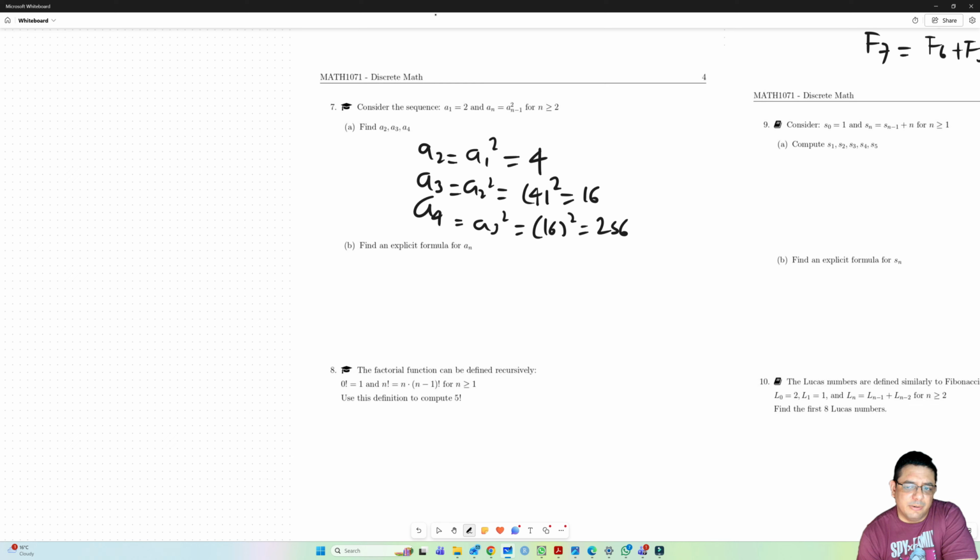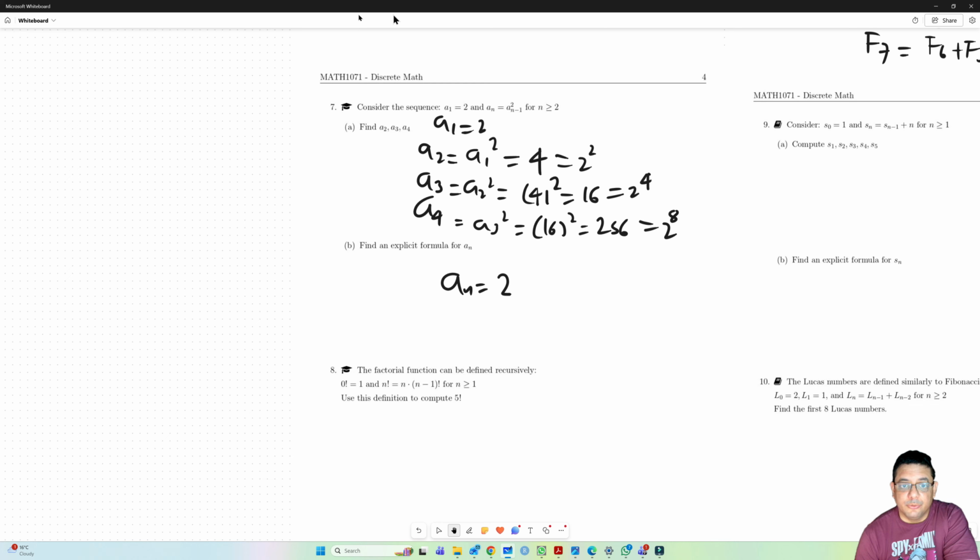So this is one way of seeing this, but notice that 4 is 2 to the 2, 16 is 2 to the 4, right? And 256 will be 2 to the 8. So if we're going to find a specific formula for AN, notice the pattern here.